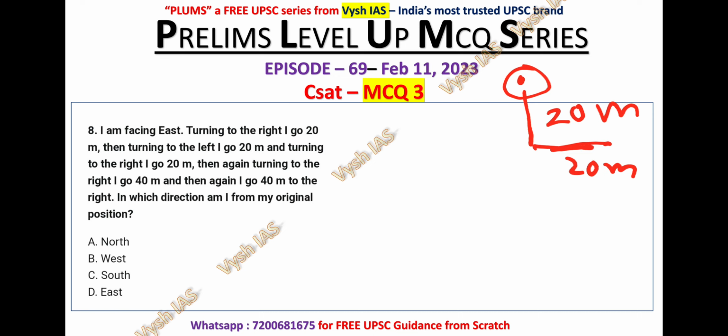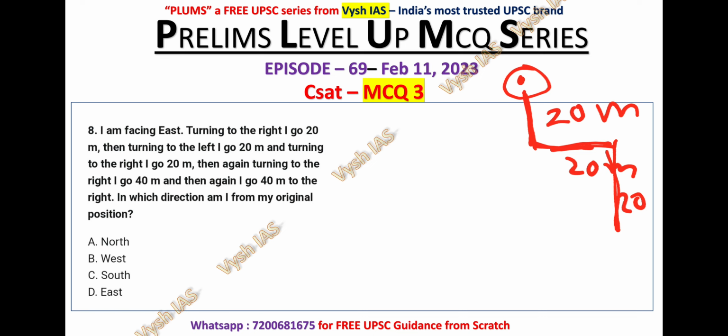Okay, and turning to the right. So if I am facing this side, my right will be downward. So I am turning to the right for 20 meters again. First I am going to the right for 20 meters, then turning to the left for 20 meters, and I am turning to the right for 20 meters.